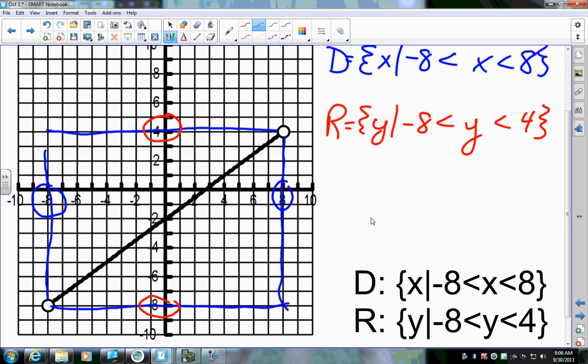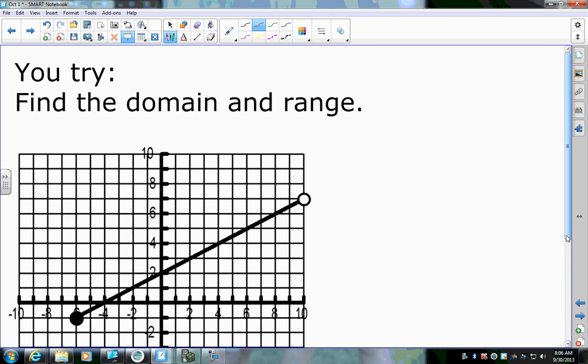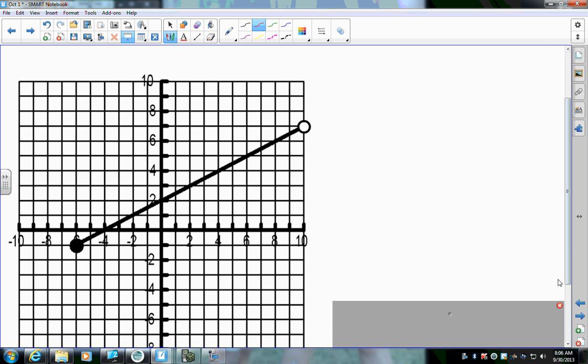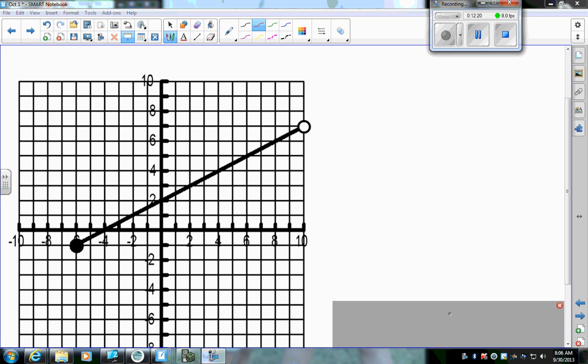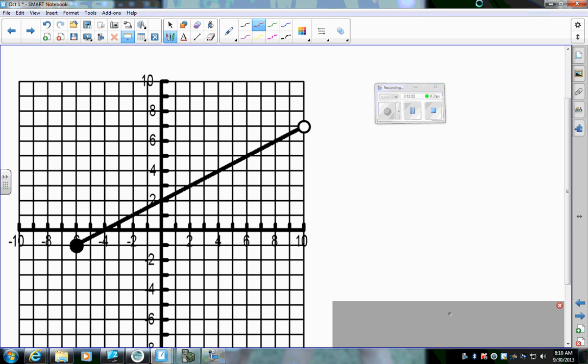All right, I believe there's one more practice problem. All right, here we go. You try and do this one. Find the domain and range. So now on this one, again, I would box in my information, trying to figure out domain and range.